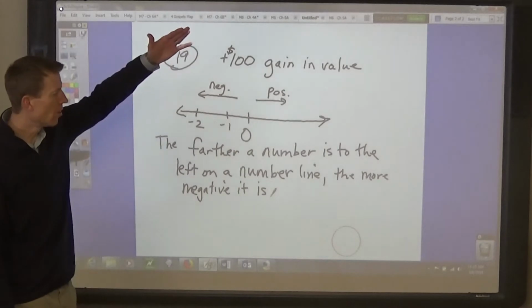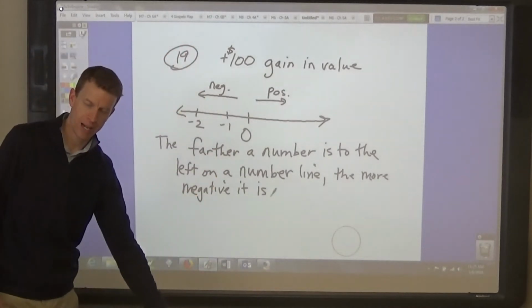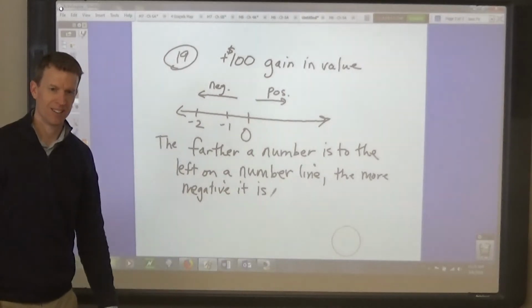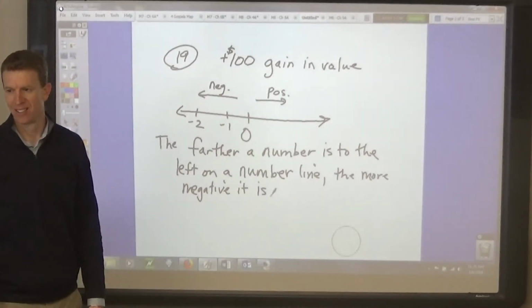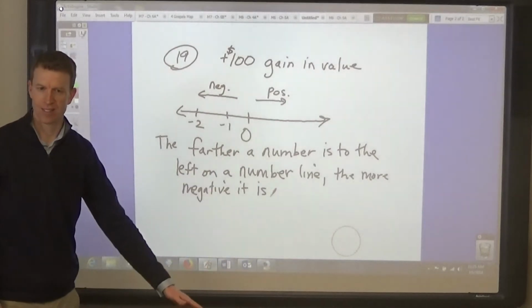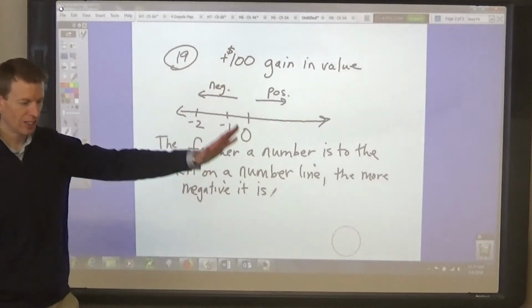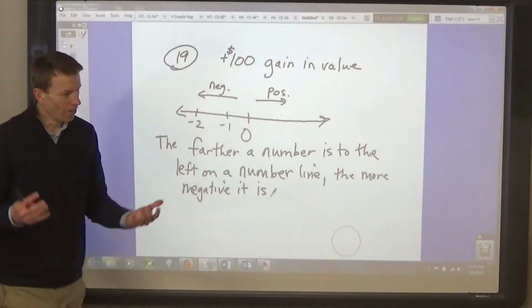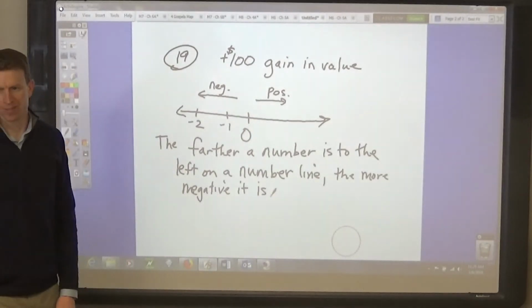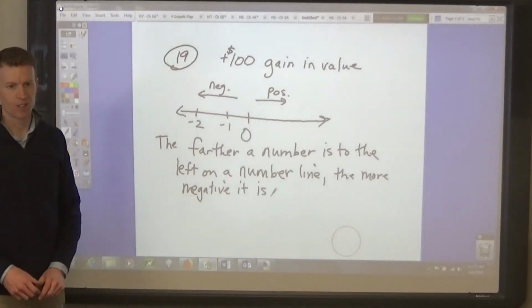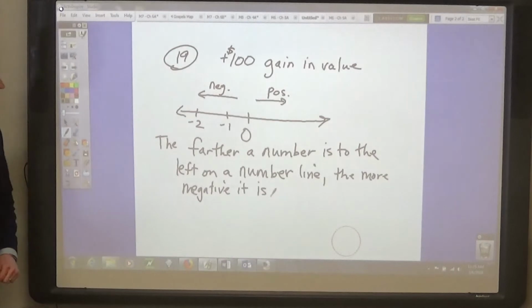The farther below zero your bank account is, oh, I thought you were going to finish this statement. The farther below zero your balance is, the more in debt you are. Yes, exactly. That's how that works. Okay.